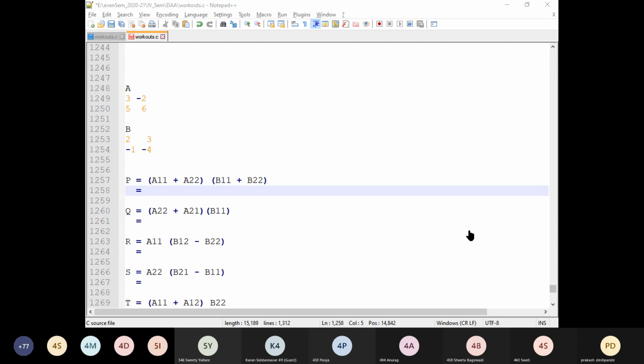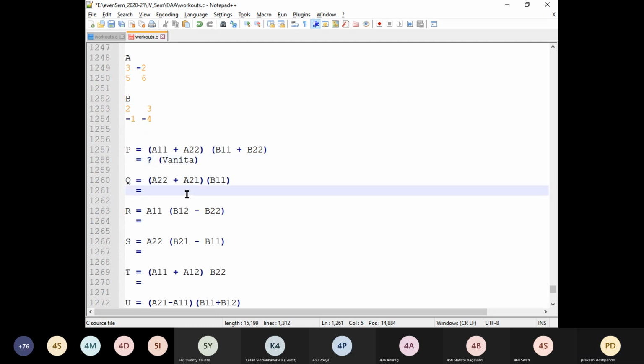Vanita, roll number 554, Vanita. Tell the value of P. Roll number 538, Shweta Bongale.